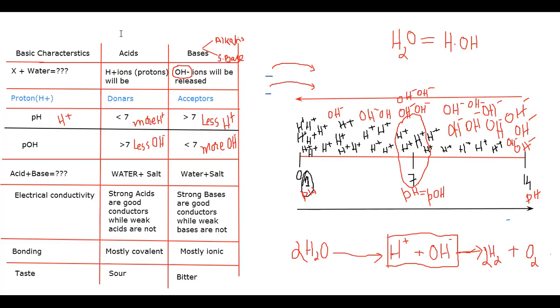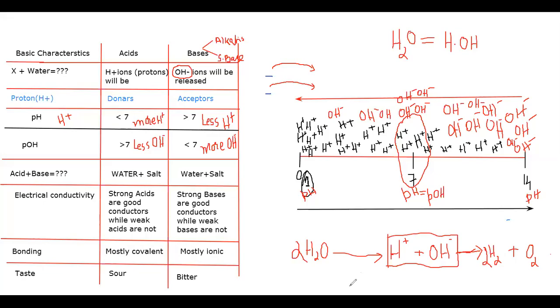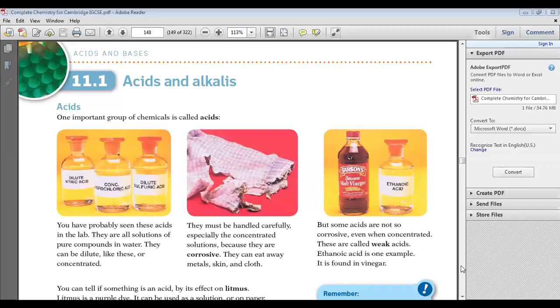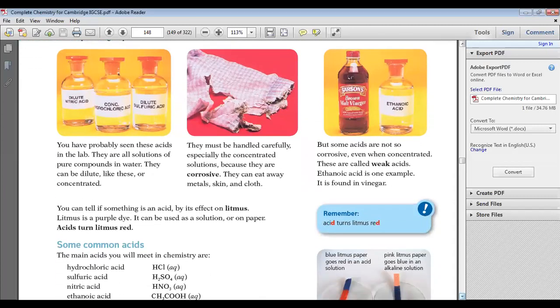That's why we have one kind of symbol used here. I'm just going to share my book page, which will also help you to understand what I need to mention here. When we talk about the acids, acids are corrosive, meaning they can damage your skin.